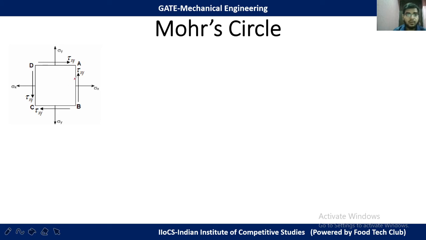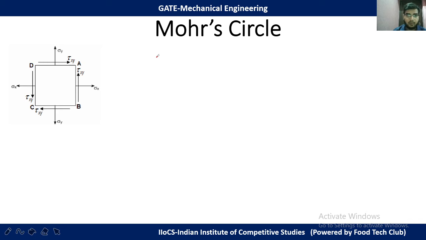Okay. Also maximum shear stress, principal stresses. Okay. But how can we represent and find out these values using the graphical method? So Mohr circle provides a method to visualize and find out the normal stresses, shear stresses, principal stresses, etc.